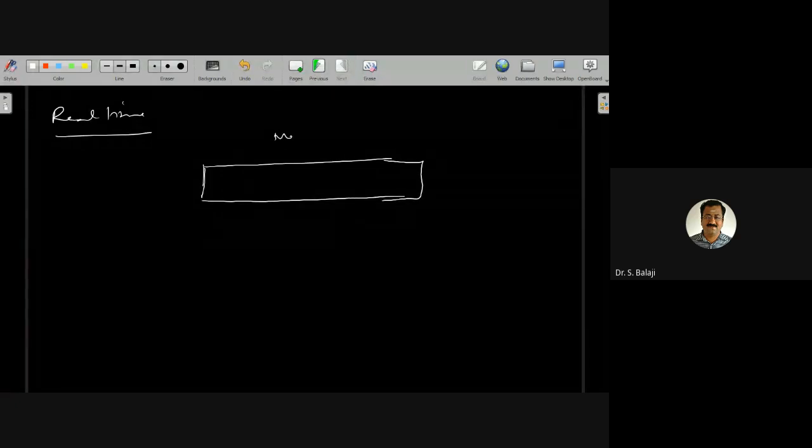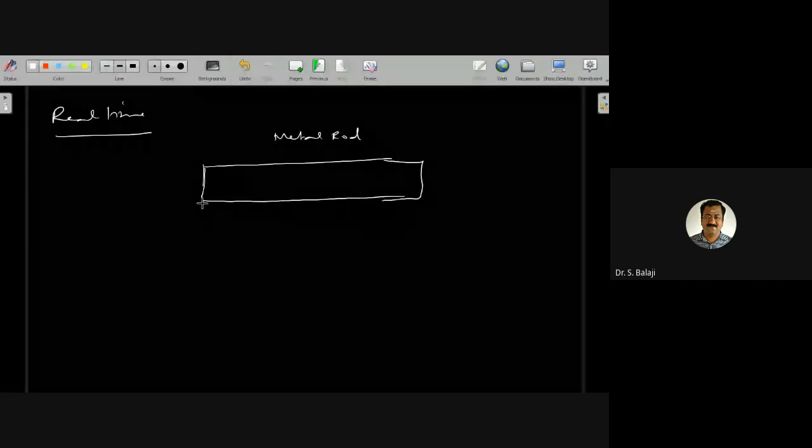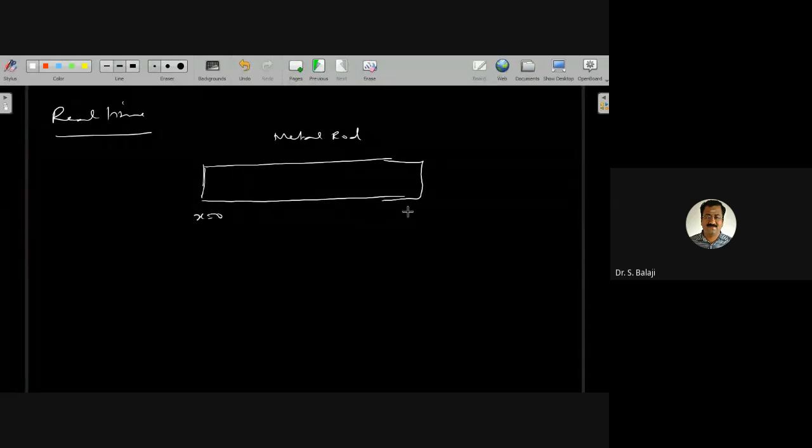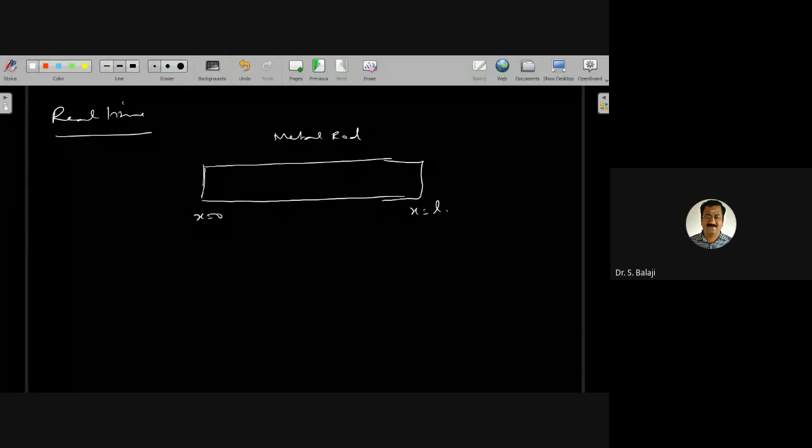Suppose this is your metal rod of length L centimeters. You are heating it from one end, the initial position x equal to 0, for 10 or 15 minutes, and then the metal bar gets heated.